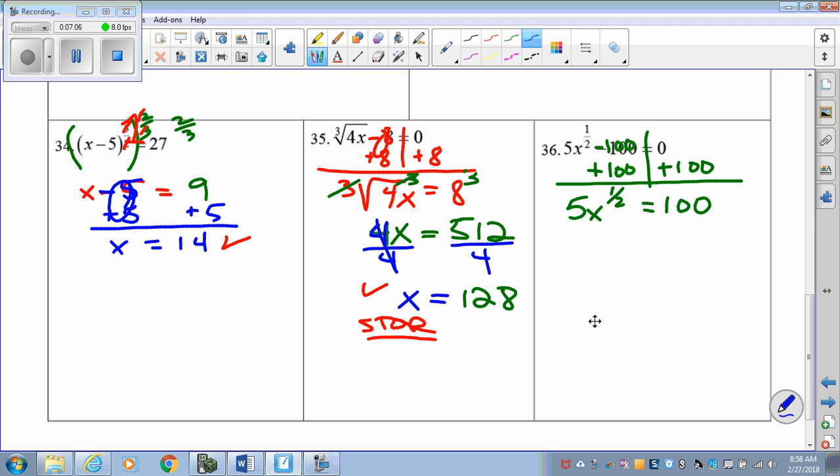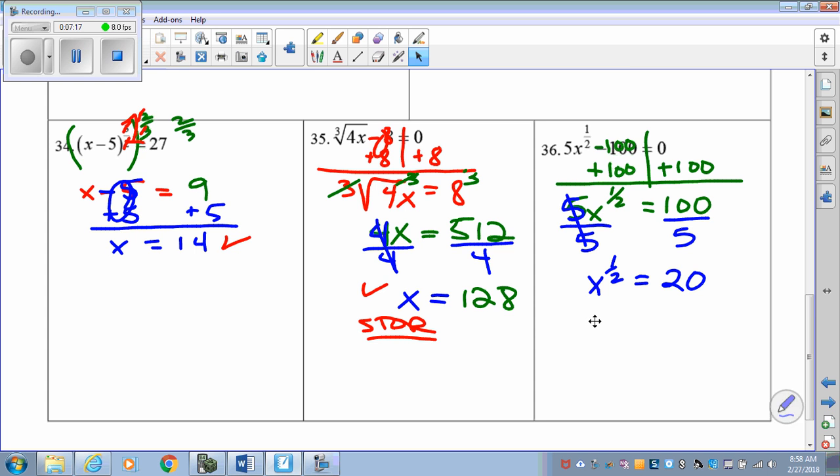And I'm going to get rid of the 5, and it's times, right? So I'm going to divide by 5, and I get x to the 1/2 power equals 20.